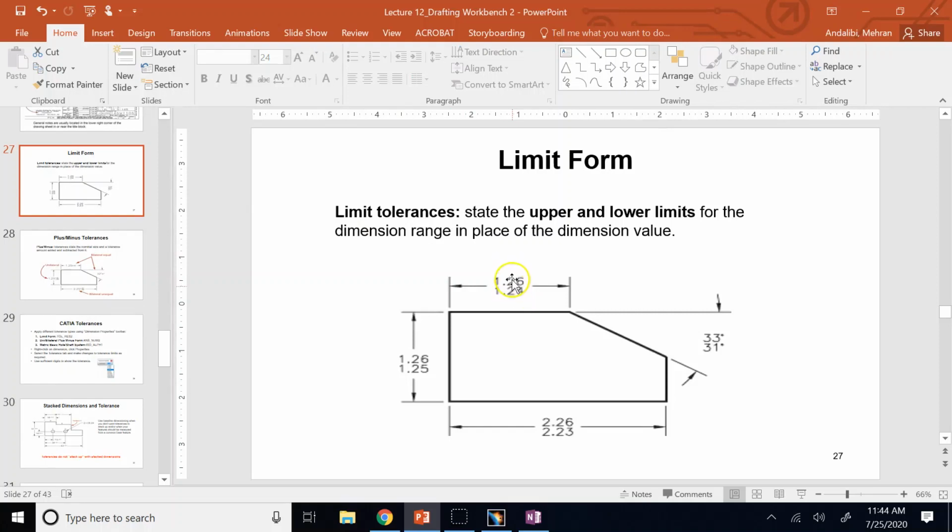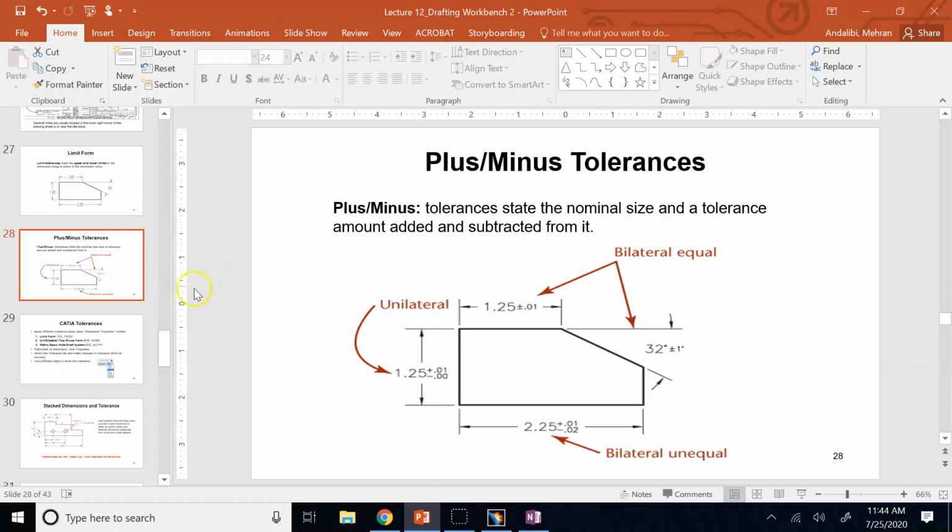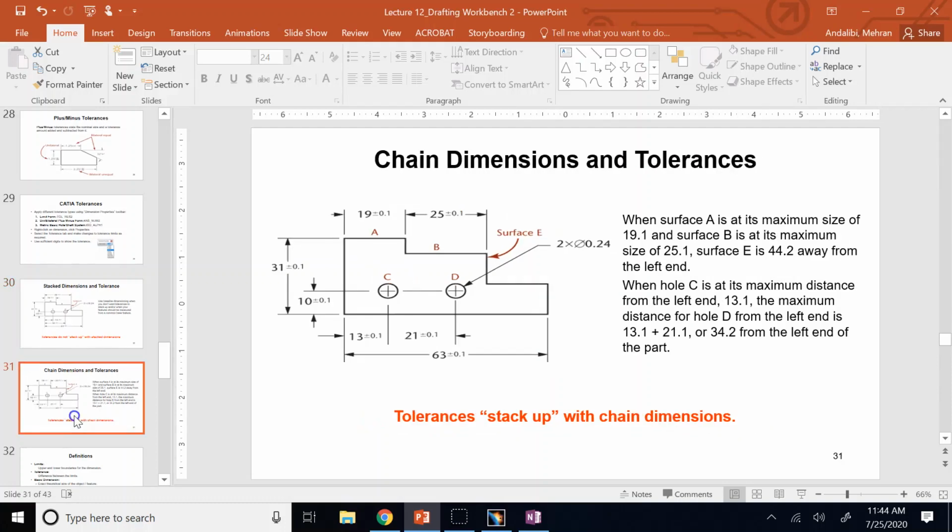So here, how much is your tolerance? Yes, 0.02. Here it is 0.01. Here it is 0.03. So it is the difference between max and min dimension, right? Or the difference between the plus and minus. So it's plus 0.01 minus 0.01. What's the difference between them? 0.02. So that is called tolerance.